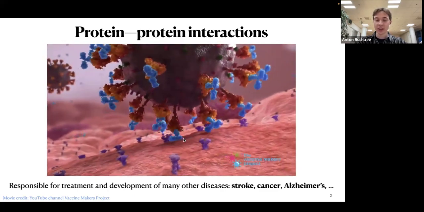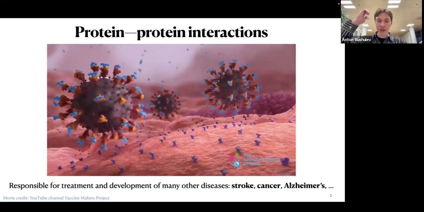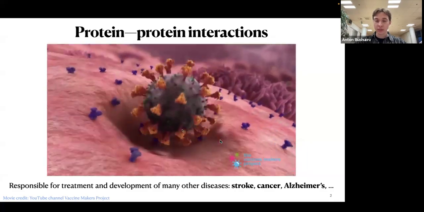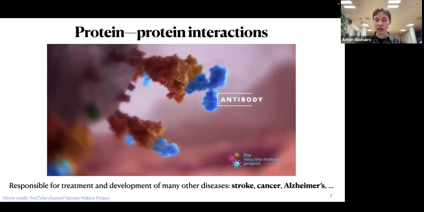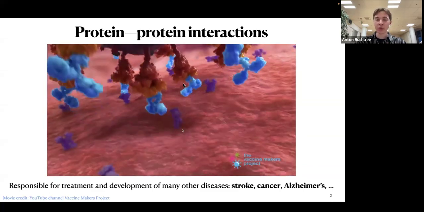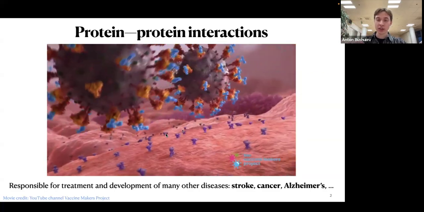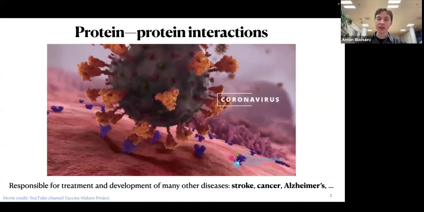And these proteins are receptors on the surface of a human cell. And then we can also see another kind of proteins here in blue. These ones are called antibodies. And as we can see, they are produced by the human immune system to block the spikes so that coronavirus cannot use its proteins to attach to human receptors and get inside.